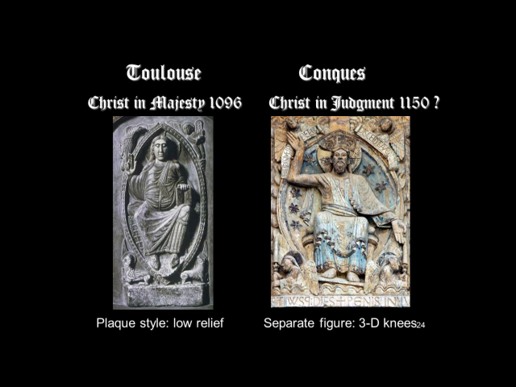Now, the pose is a little bit different because of the hand being raised not to bless, but just up to indicate which way the good people are going, and down to indicate which way the bad people are going. But I want to compare it with what we've seen before, the Christ in Majesty from Toulouse, from the ambulatory reliefs. And remember, we talked about this being called the plaque style, being in very low relief.